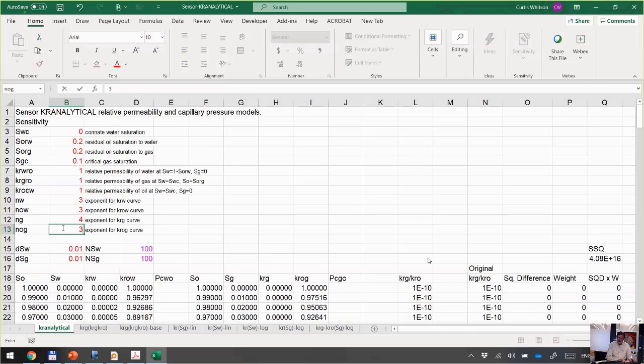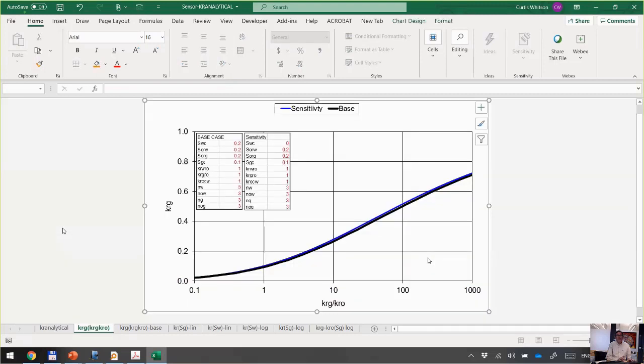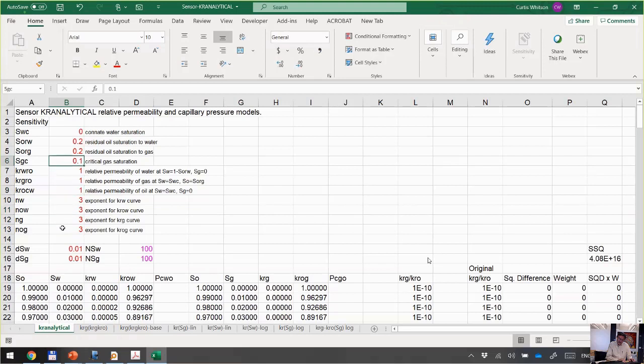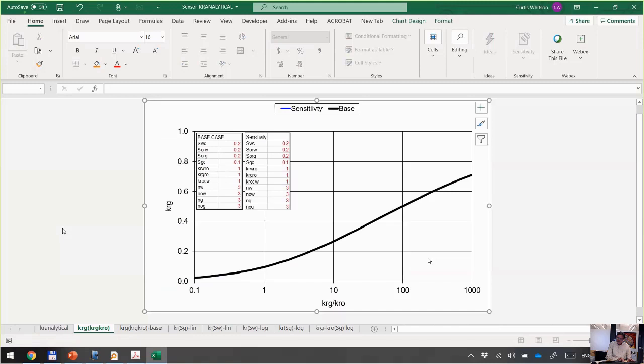What most people think is that they should be the same values, but they normally shouldn't, according to the Corey bundle of capillary method. I'm not sure what's changed here. They should have been. This is the SWC, which I haven't gotten back to. Okay, anyway, I'll leave that.